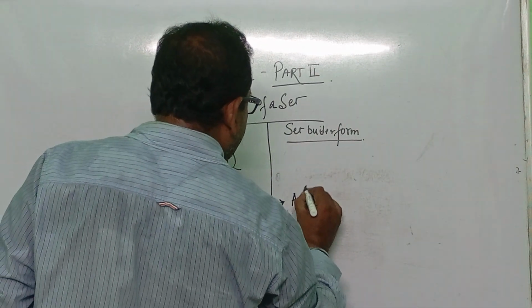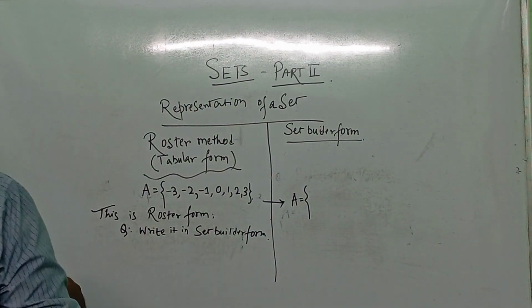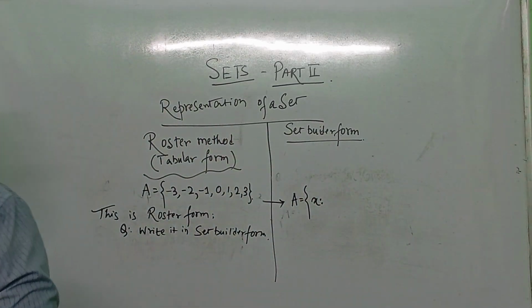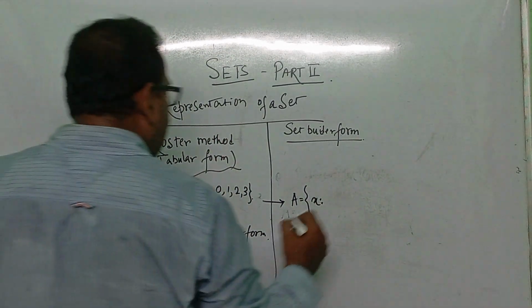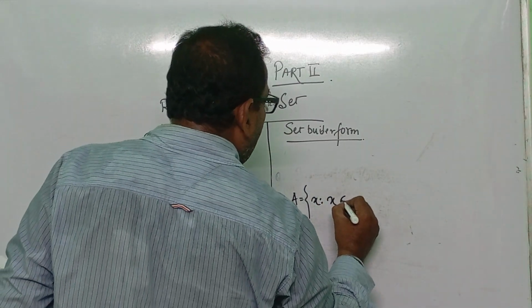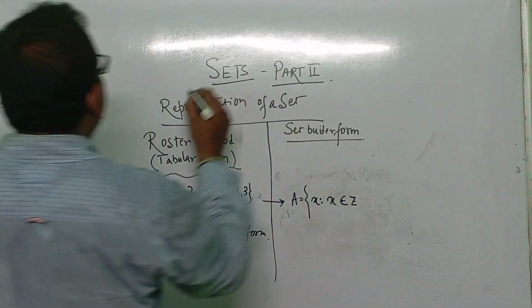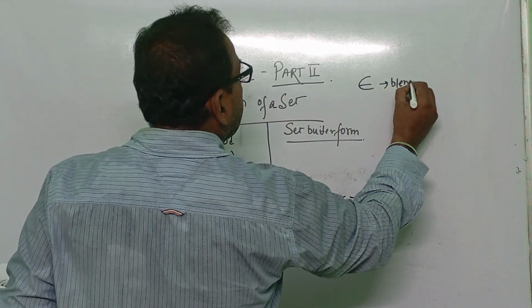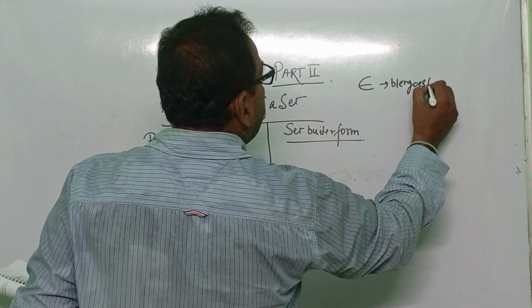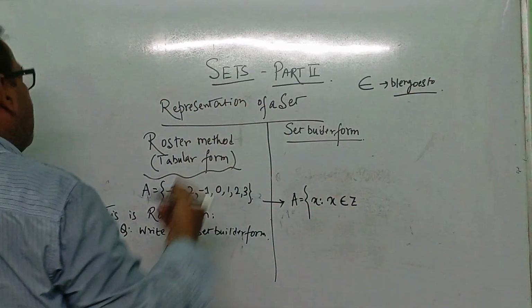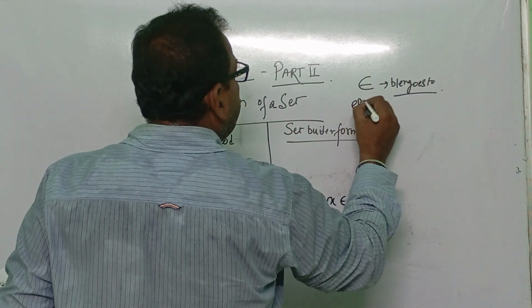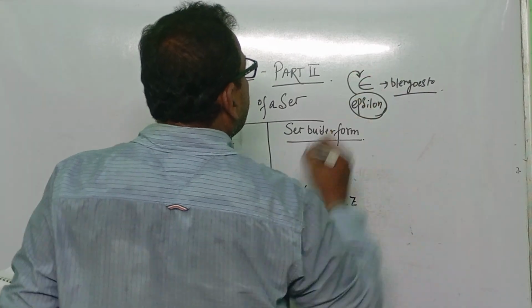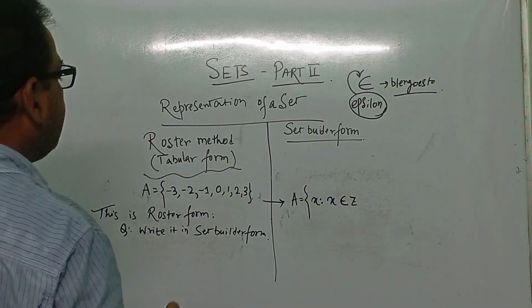A is a set, these are the elements, X is an element, okay, and then X belongs to Z. This is belongs to, written over here, and the name of this sign is epsilon. X belongs to Z.